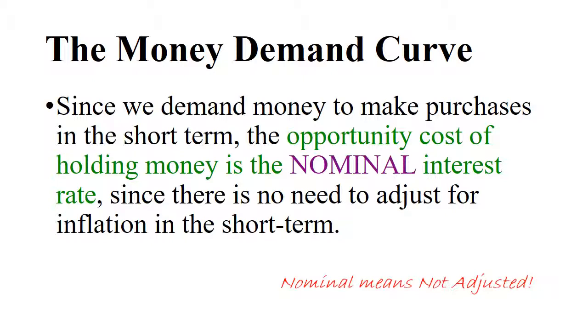But if I'm taking out $20 from the ATM to use in 2 or 3 days, am I going to notice that inflation by the time I spend that cash? No. Cash is used for short-term transactions, so there's no need for us to adjust for inflation in the short term. We won't even notice it. That's why the interest rate for cash is always the nominal interest rate. No need to adjust for inflation in the short term.